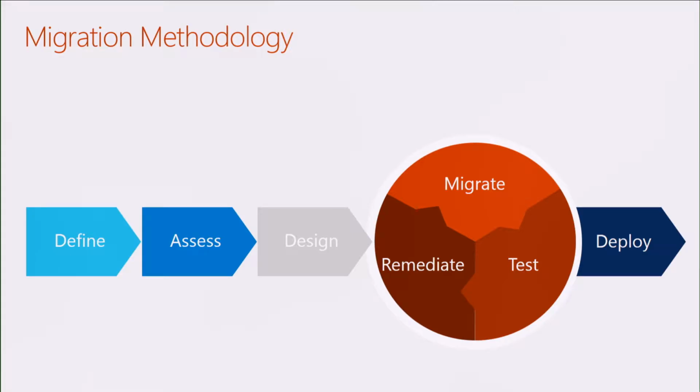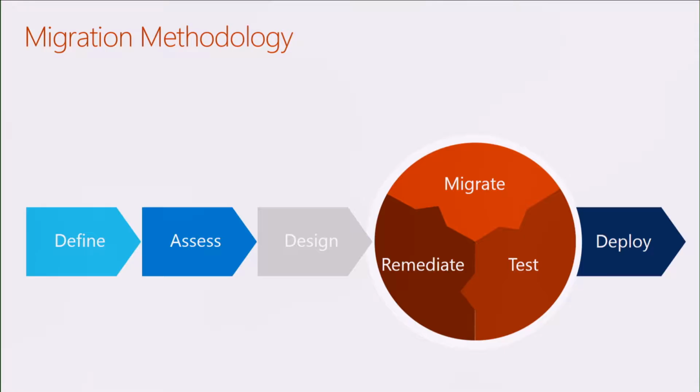So think of the migration methodology as a software development lifecycle, right? So there are various stages to the migration methodology. You start off by defining the scope of the project. Then you spend some time trying to assess what your environment consists of. What kind of applications run on that environment, what kind of databases power those applications, and so on.